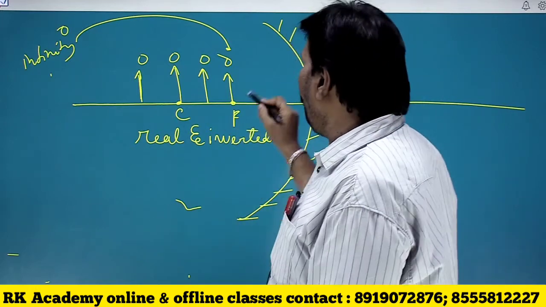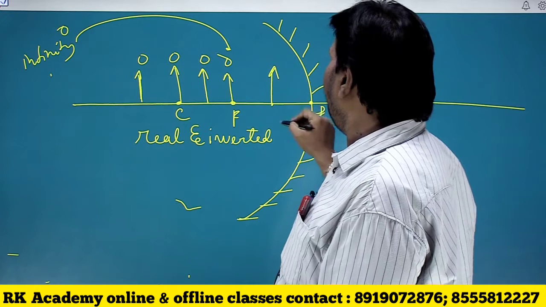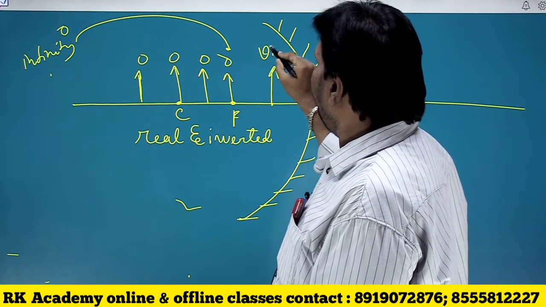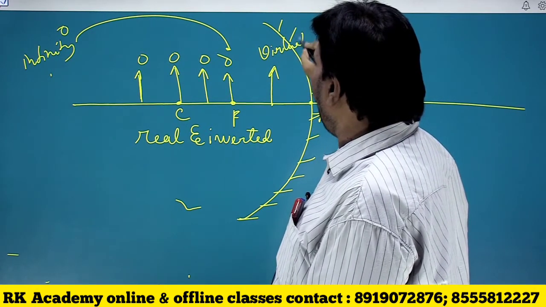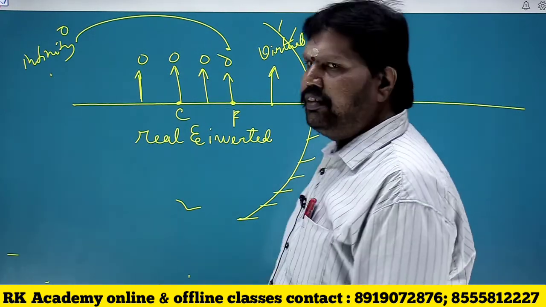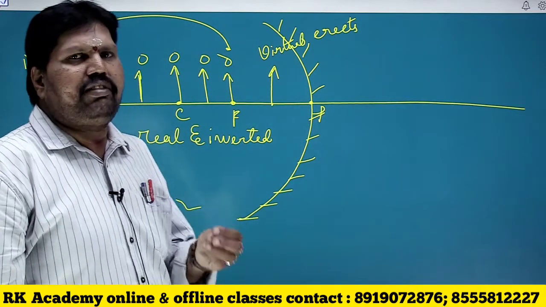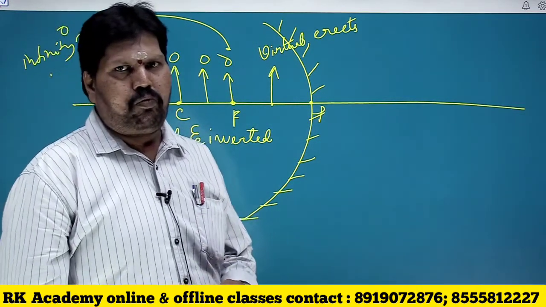If you keep the object in between the focus and pole, the images are virtual and erect. This is the major rule to be understood.